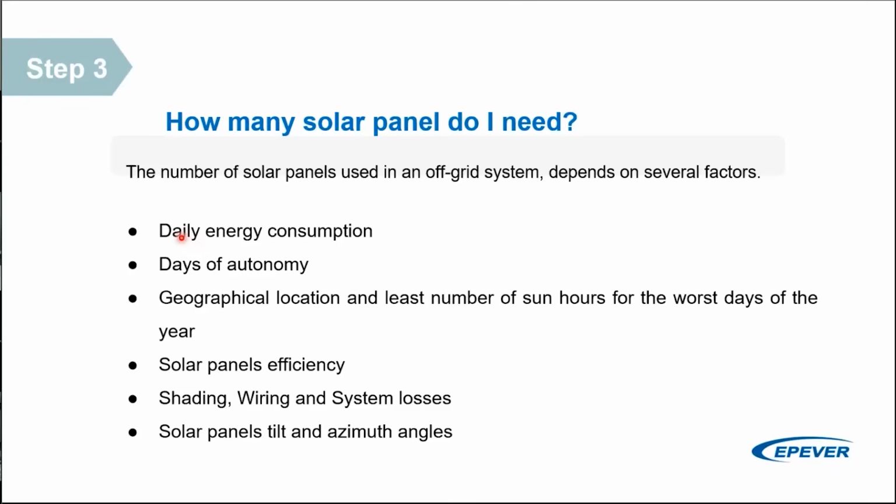So we have the daily energy consumption. We know the days of autonomy. We need the geographical location to calculate the actual sun hours that you have. And then you have to know the solar panel's efficiency, if there is shading in your system or not, if you have a tilted solar panel or not.